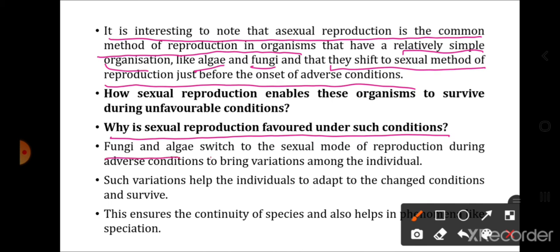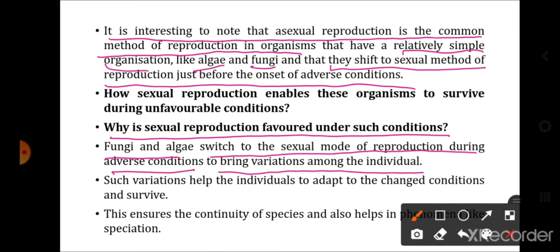Fungi and algae switch to the sexual mode of reproduction during adverse conditions. The reason is that sexual reproduction brings about variations among the individuals. A very important property of sexual reproduction is the generation of variation.